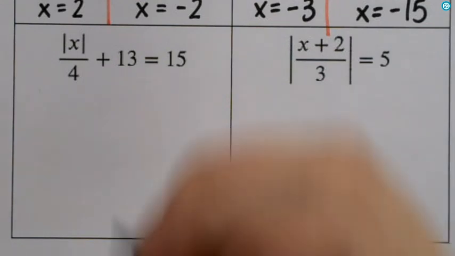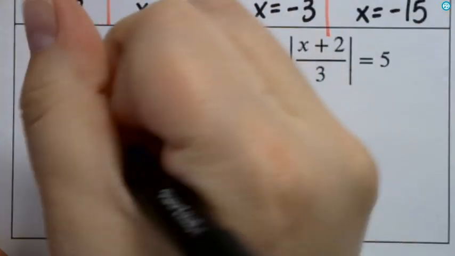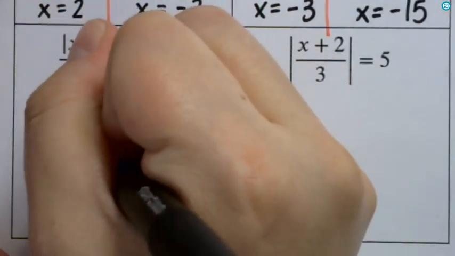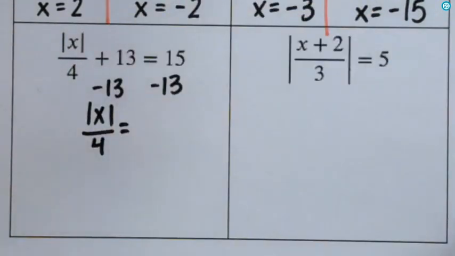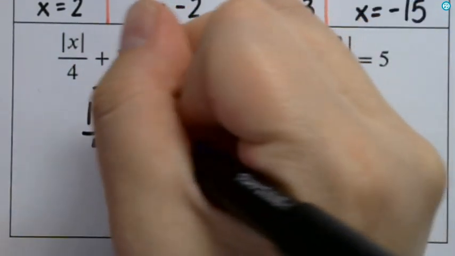So I'll start by subtracting 13 in an equation like this. I'll have absolute value of x over 4 equals 15 minus 13 is 2.